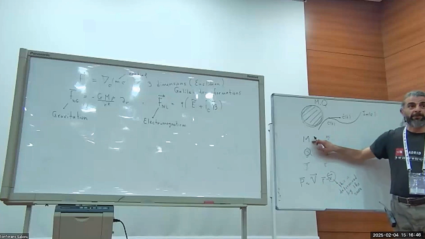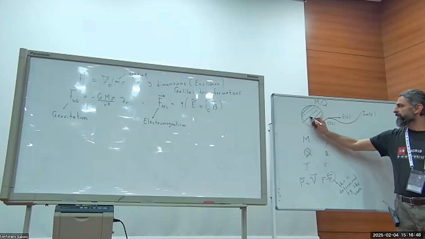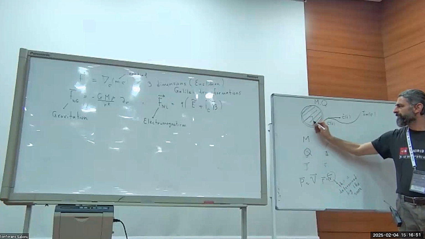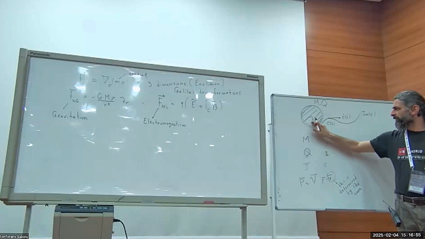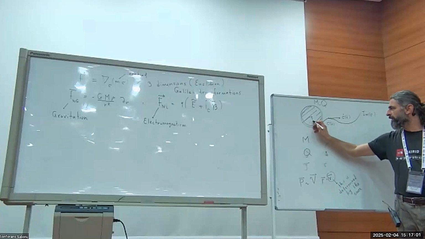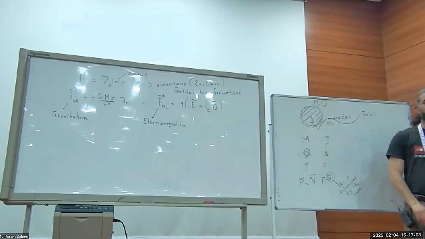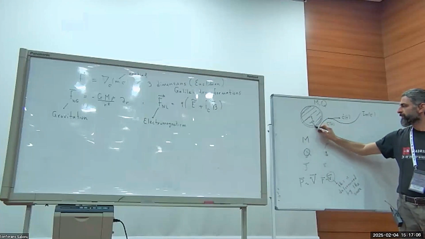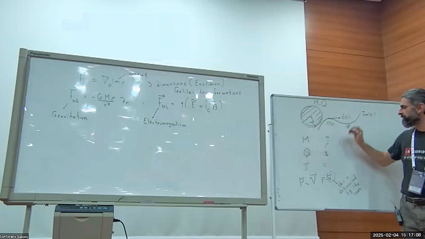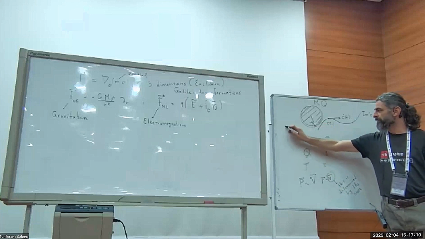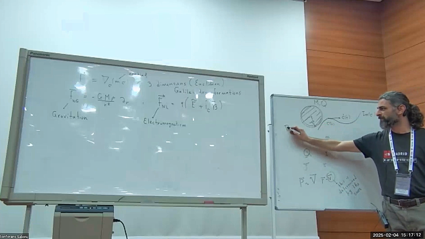So this M could be very large. For example, this spherical distribution is contained in a ball of radius, let's say, R, okay? So it is also a parameter. It's also a parameter of our problem.